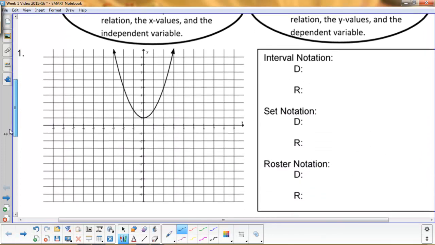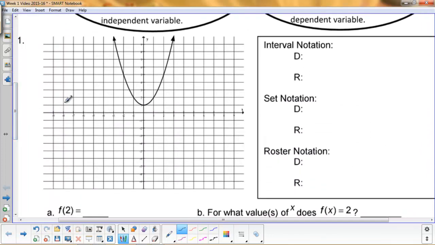As we go through each one of these examples, we're going to talk about two very important characteristics. First, in the graph, we're going to talk about continuous, discontinuous, and discrete. And obviously, in our notations, we will be talking about interval, set, and roster.